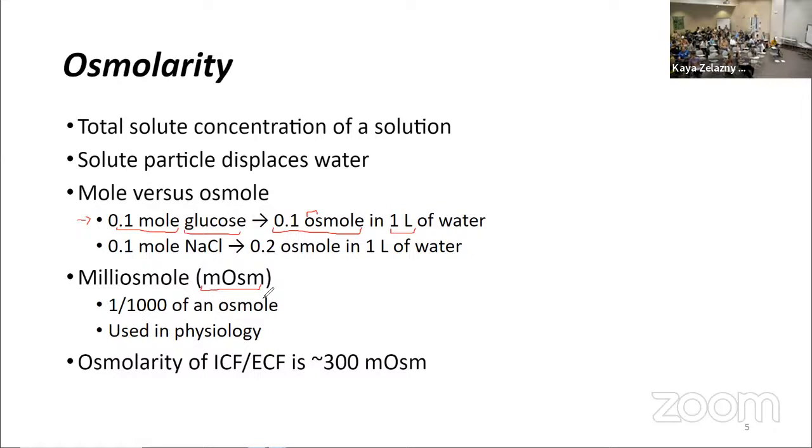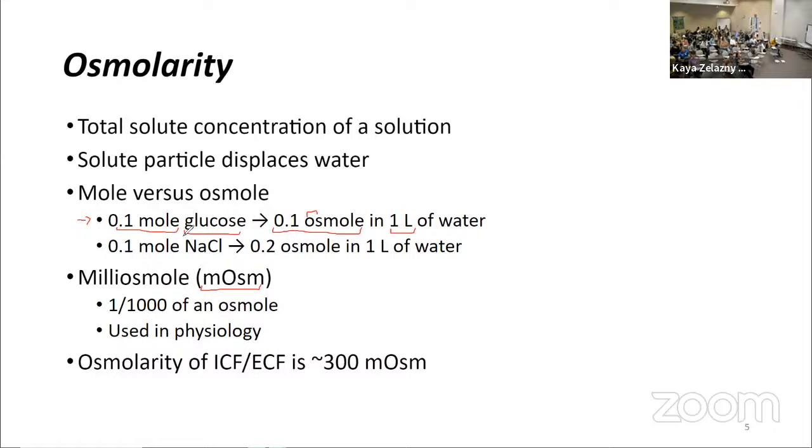A milliosmole is a thousandth of an osmole, so we can just multiply across and get easier to work with numbers when we're looking at cells. That's all that is, just a standard unit conversion from osmoles to milliosmoles.